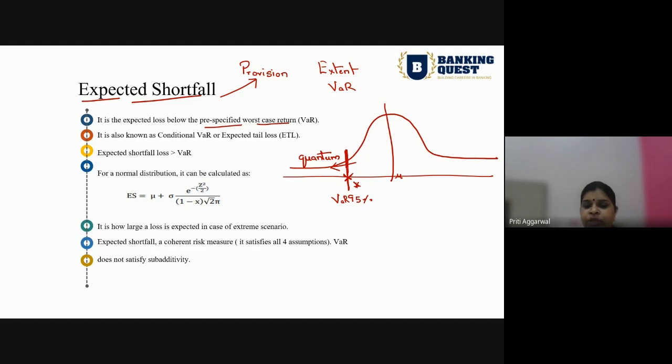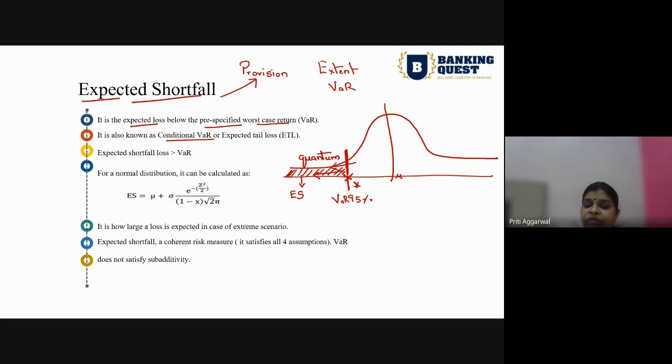So whatever is your worst case return, that is your threshold level. Beyond that, whatever is the loss is called your expected shortfall. Okay, friends? It is also known as conditional VAR or expected tail loss.